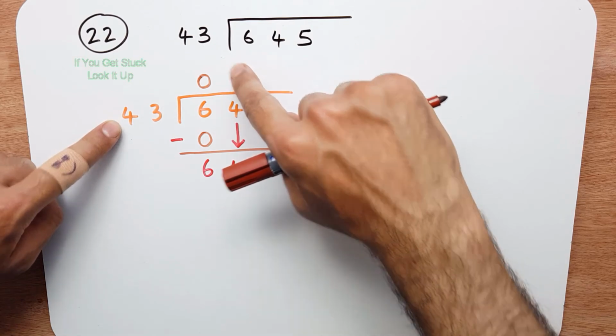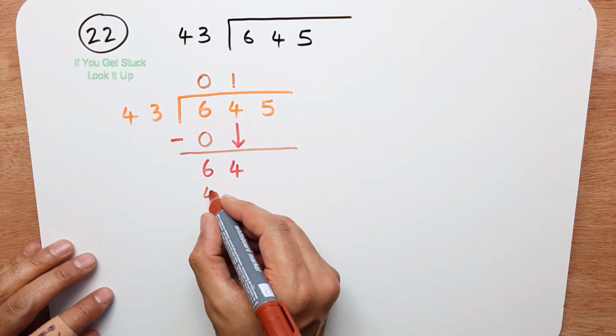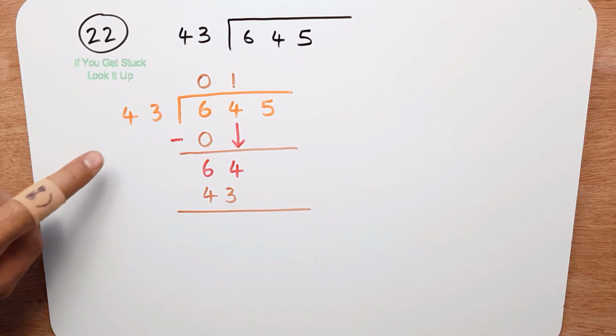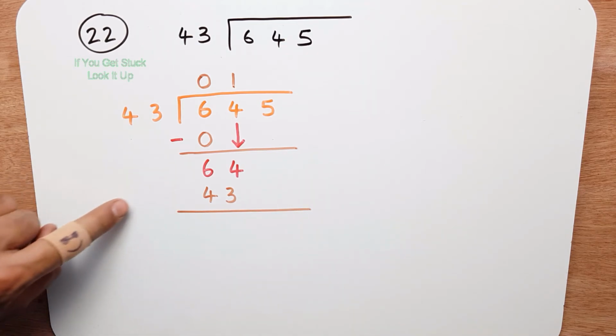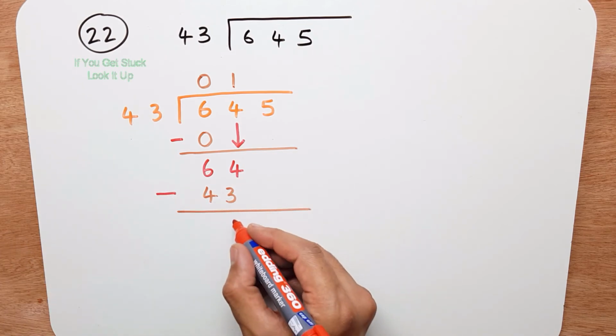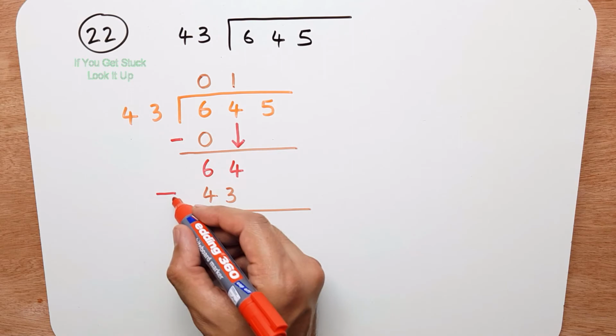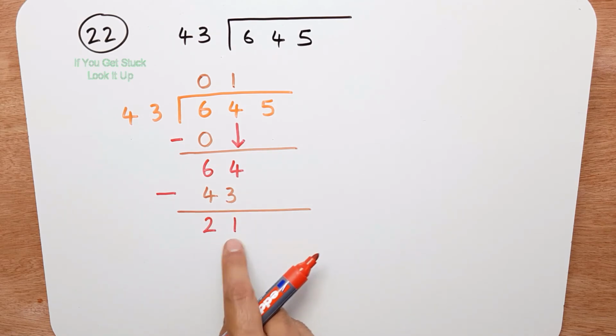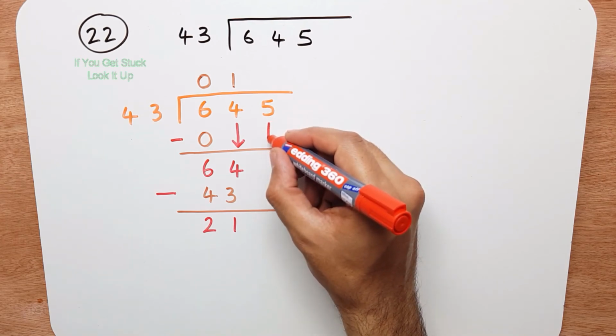And 43 times 1 is 43. And as before, I simply subtract these two. 4 take away 3 is 1. 6 take away 4 is 2. So that's 21. Now I bring this 5 down.